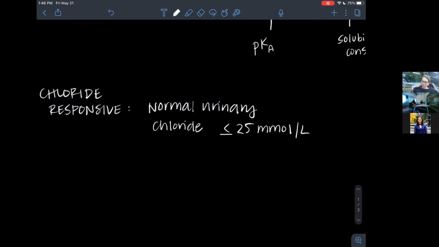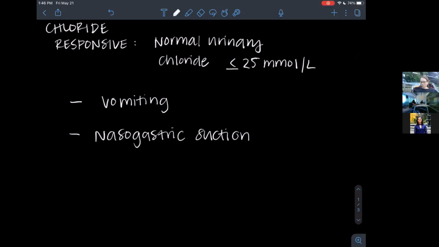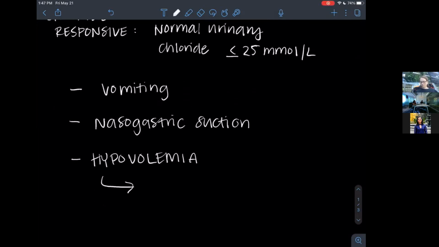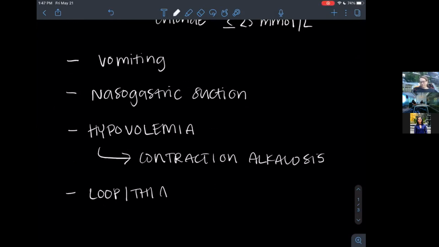The main things that cause that are vomiting, nasogastric suction, any sort of hypovolemia, which Boards will call contraction alkalosis, and the last thing would be loop or thiazide diuretics.